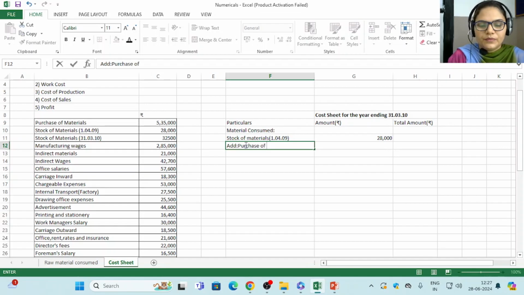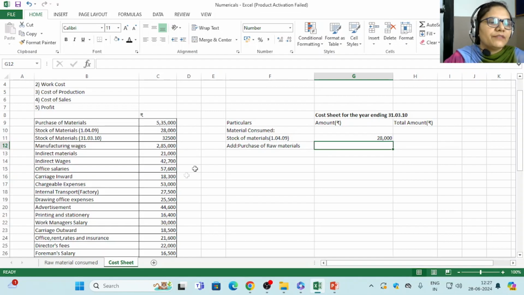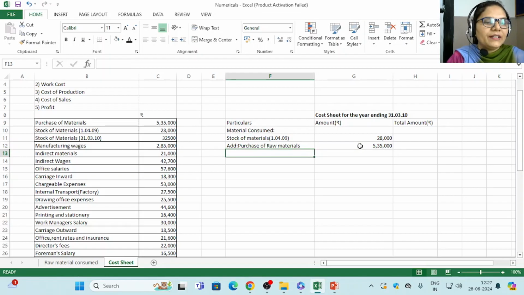Add purchase of raw materials, which is given in the question, 5,35,000. Next, add carriage inward.